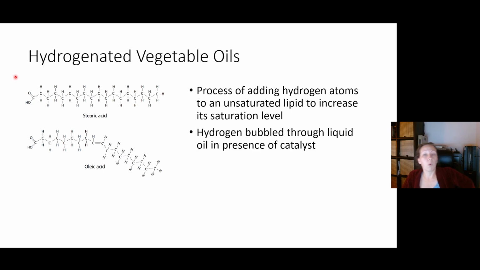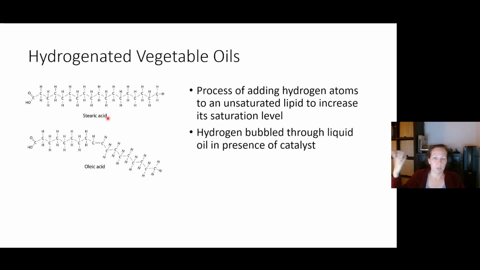So, like we've said multiple times, more saturated fats make an oil or fat more solid. And saturated fats means that it's saturated with hydrogen. And so that is what they're doing here. They are saturating the fatty acids with hydrogen to change this from unsaturated to saturated fat.